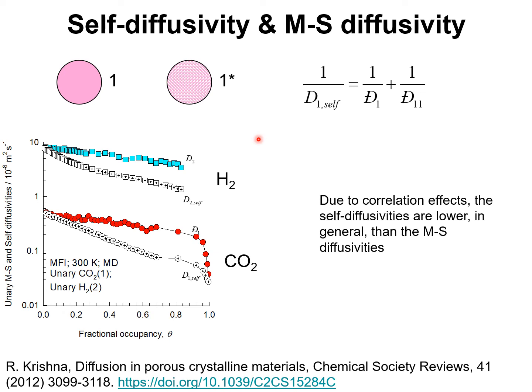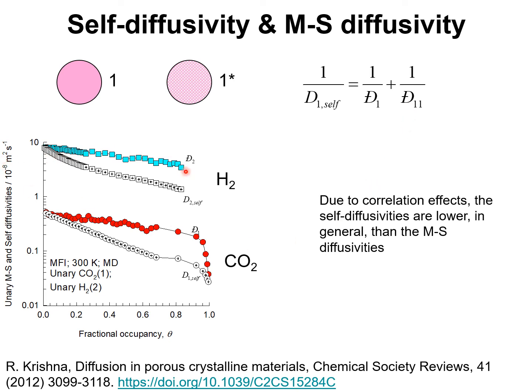In other words, if one vacates a site that will be subsequently occupied by 1 star, then the jumps from site to site are correlated, and such correlation effects lead to a lowering in the self-diffusivity as compared to the Maxwell Stefan diffusivity because of the self-correlation contribution, which in the Maxwell Stefan formulation is a kind of friction.